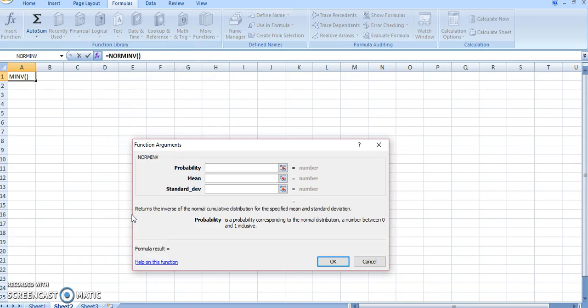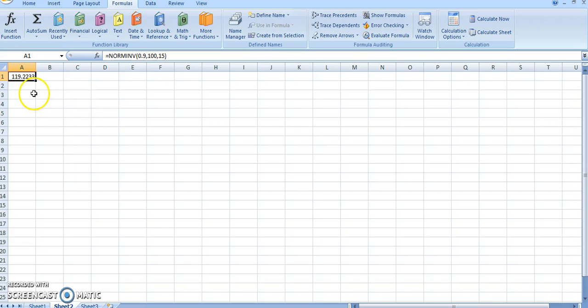So we click on norm inverse. Notice again, no S. They told us that the probability was 0.9, that the mean was 100, and the standard deviation was 15. And now you have the x value that corresponds to that value.